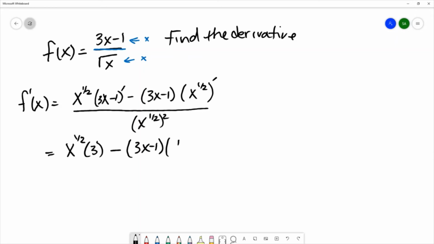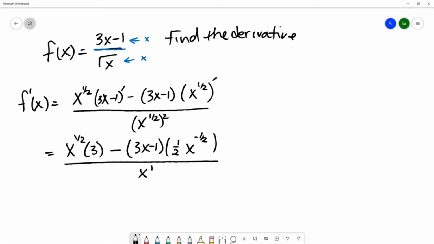So that's 1/2, that's the power, times 1 less than the power. So 1/2 minus 1 would be negative 1/2. And that's all over the denominator squared. So x to the 1/2 power squared, that will be x. You're multiplying those exponents together to get an exponent of 1.